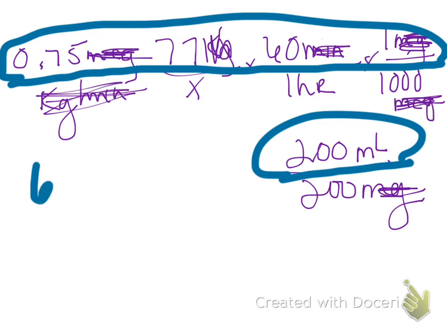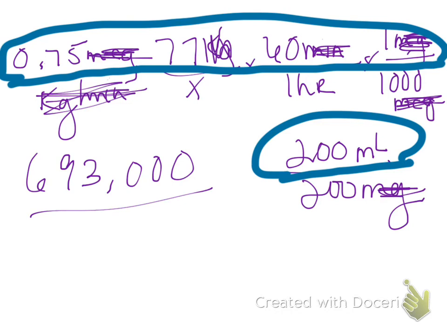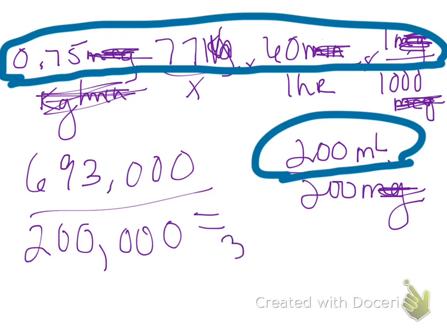And that gives me 693,000, and let's do the bottom again, which would be your 200,000. Let's divide that. 693,000 divided by 200,000, and we got 3.46.